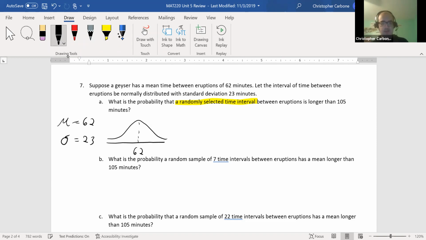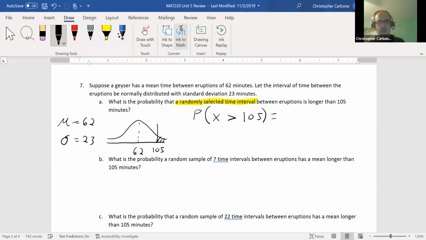We want the probability that the time between eruptions is longer than 105 minutes. So this would be the probability x is greater than 105, mean of 62 here. 105 will be down near this tail. And we want the area above it.